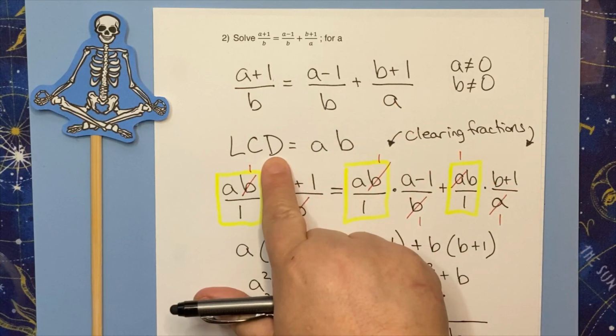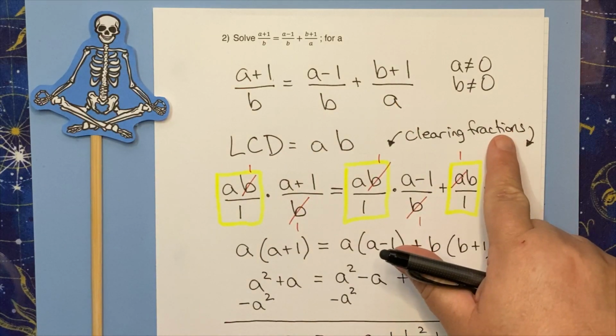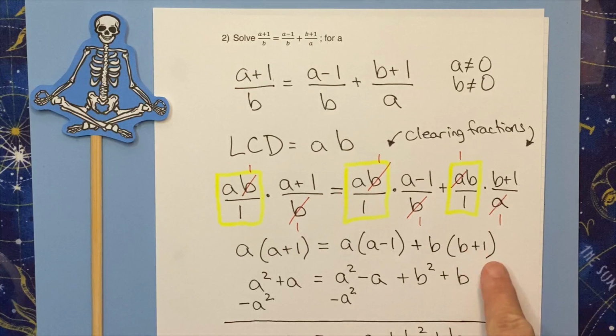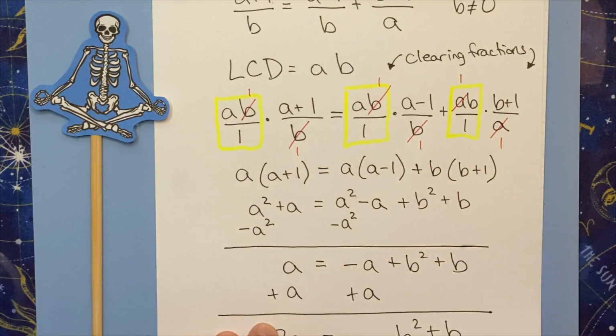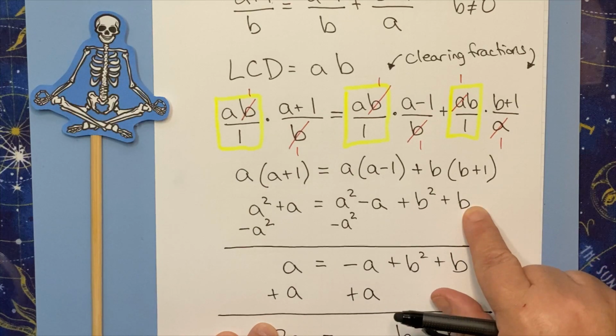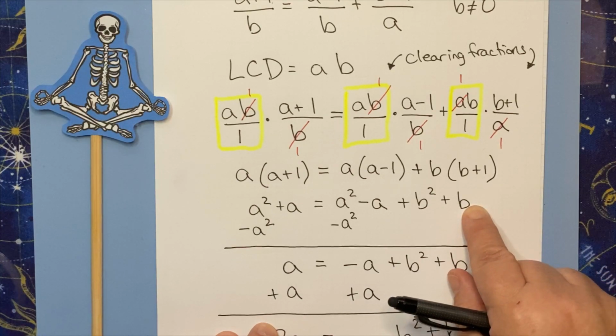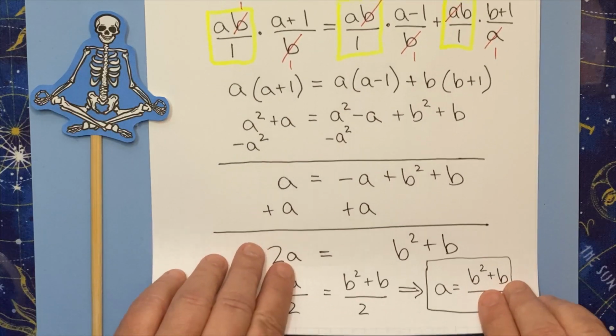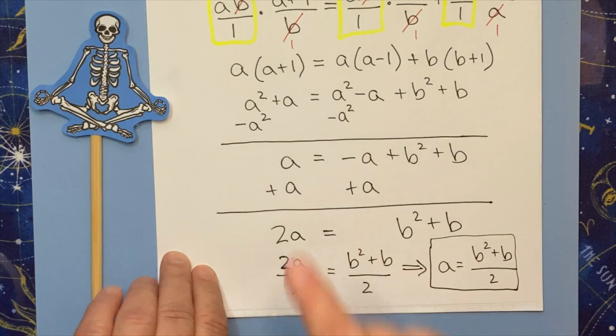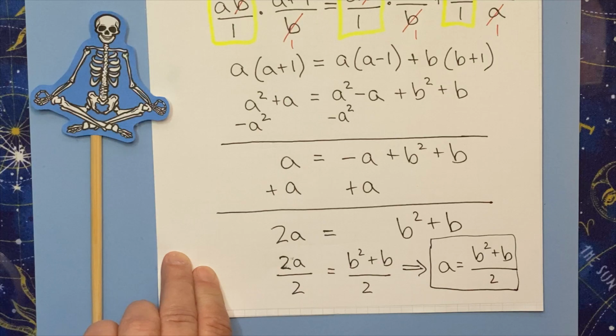So we look for an LCD and we clear the fractions. Cleared the fractions. Wonderful. Simplify what we've got. Excellent. Start figuring out how to organize. Let's put the a's on the left. Great. We just keep moving the a's to the left, and then bam, we end up solving for a without really knowing that that was going to happen. We just followed the regular steps.